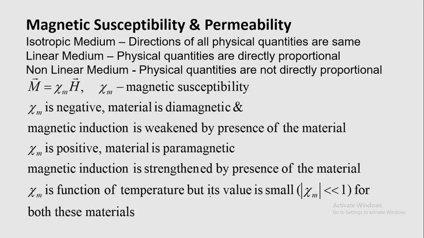Then when you increase the value of H, again it varies. But you will find that every time, whether it is increasing or decreasing, the path followed is different. The point where it is completely demagnetized is found beyond this point.